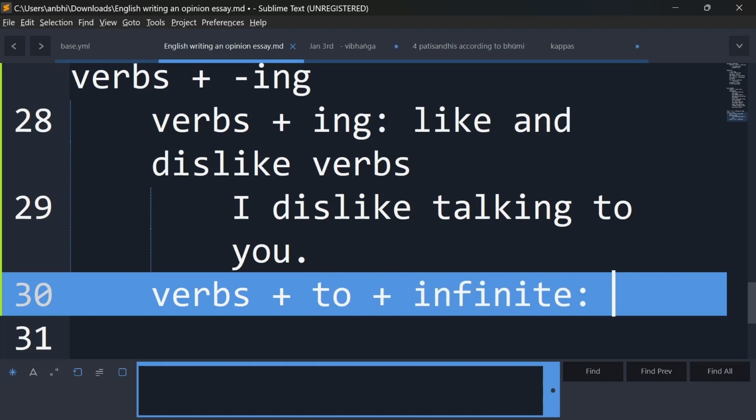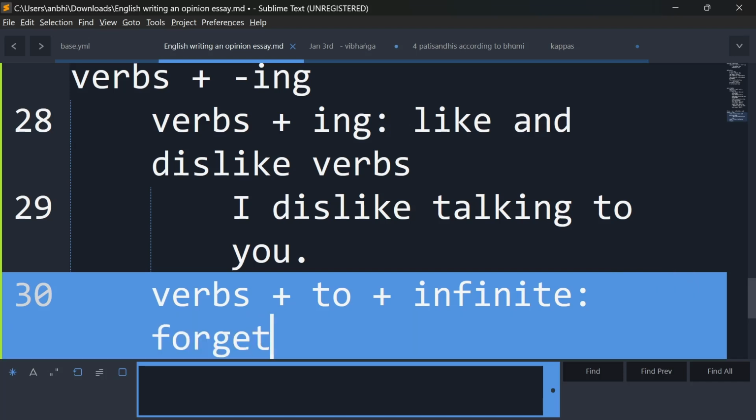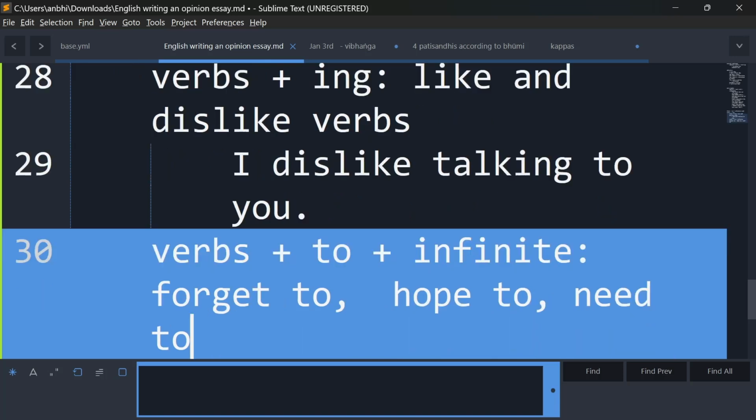Verbs that go with to an infinitive are, more or less: forget to, hope to, need to, want to.